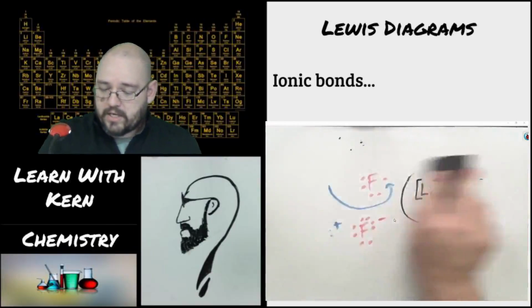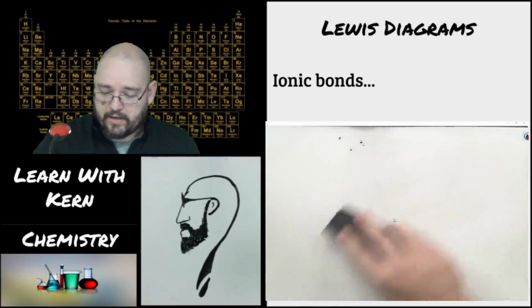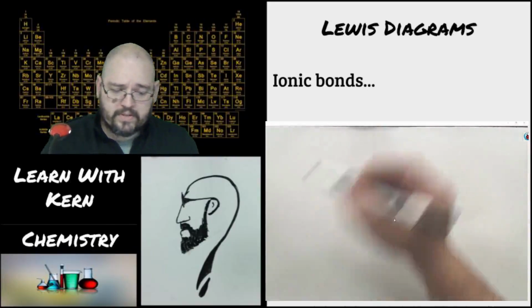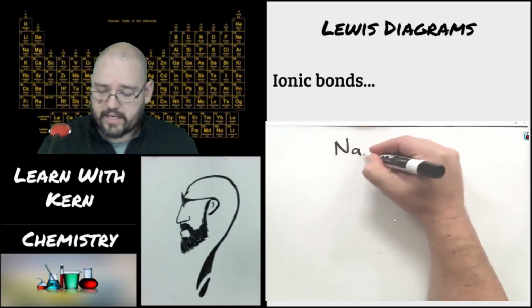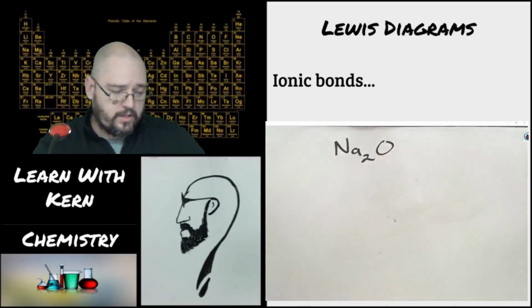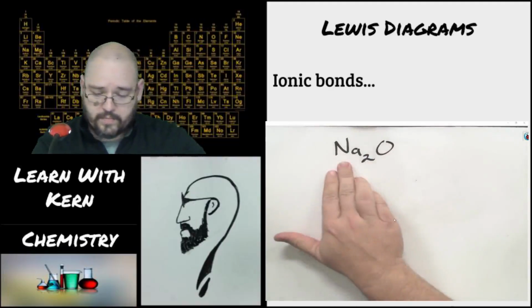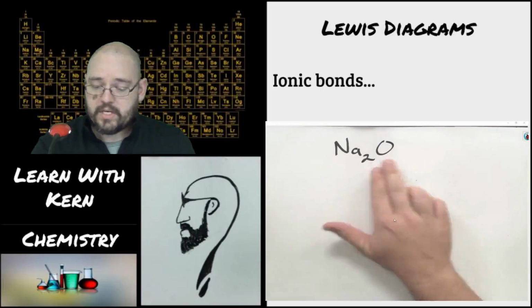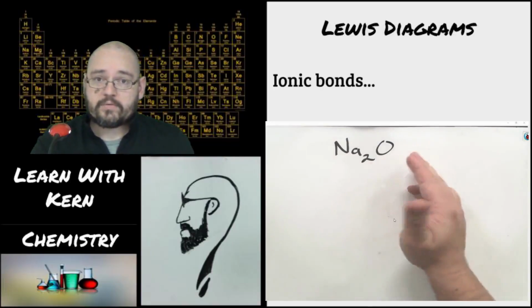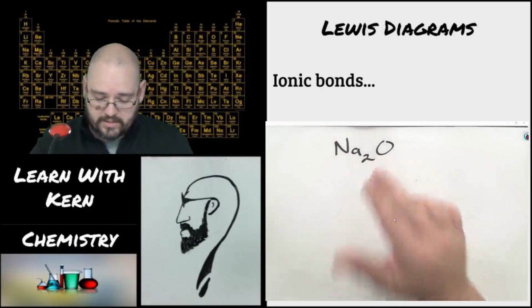So let's do another example of an ionic compound, and this time let's do sodium oxide. So I have Na2O. The 2 is telling me that there are 2 sodiums, and the O is, of course, oxygen. So sodium oxide.